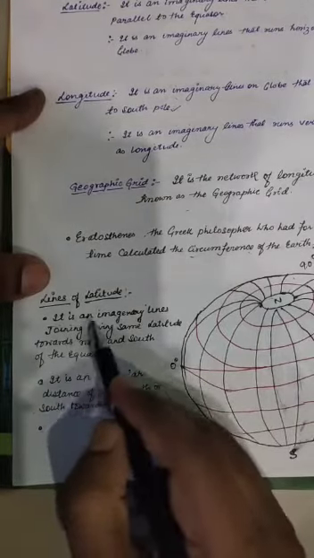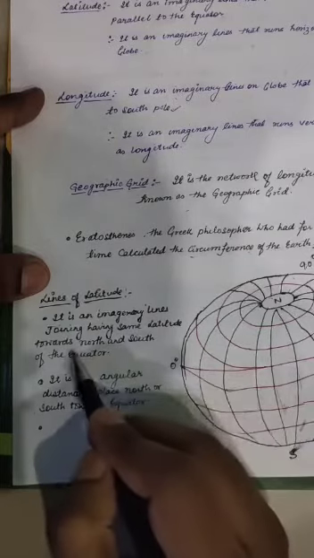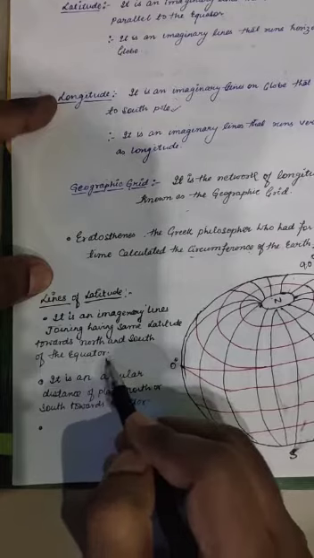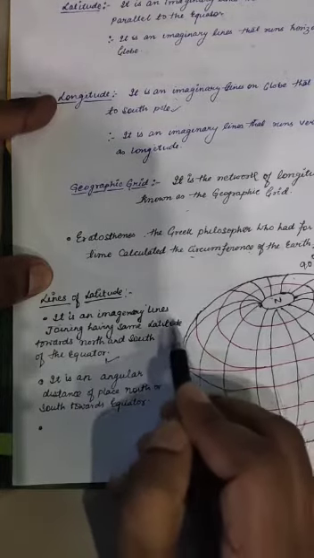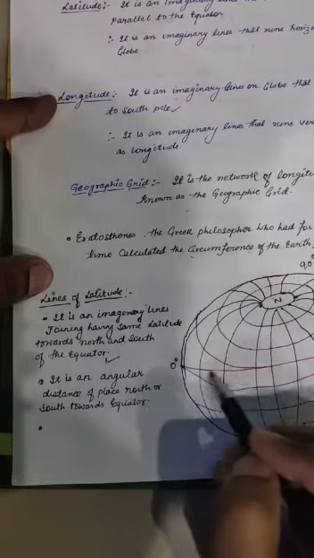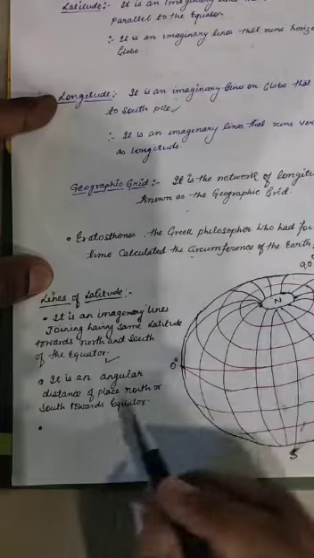First, it is an imaginary line joining places having the same latitude towards north and south of the equator. It means that all the latitudinal lines are parallel to each other as well as parallel to the equator.